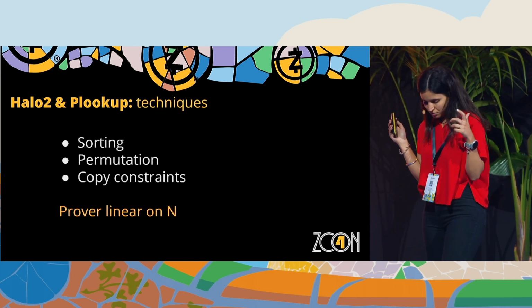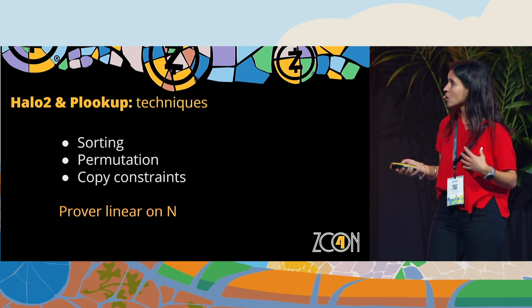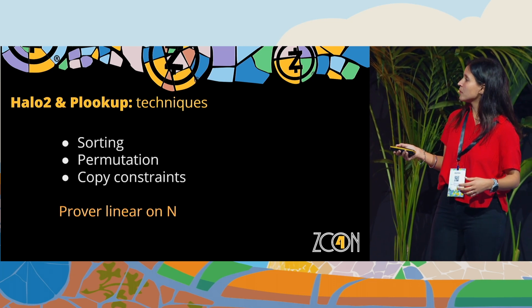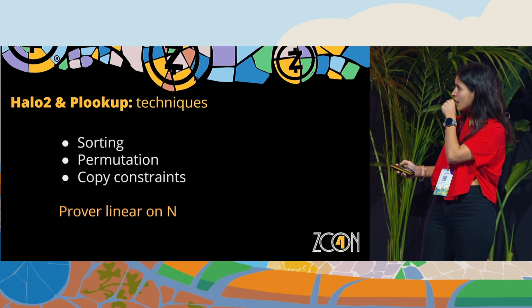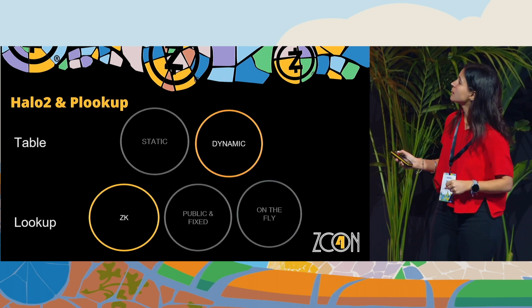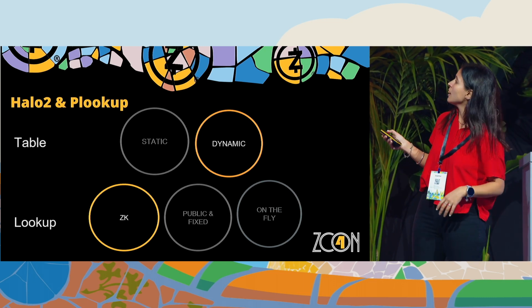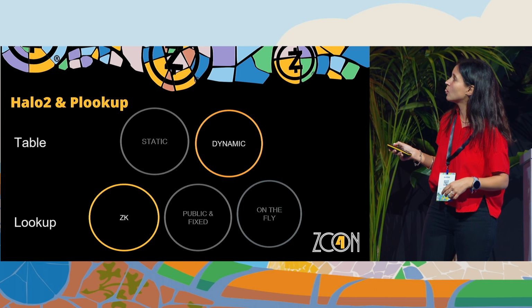And they apply a lot of techniques of sorting, permutation, copy constraints, and achieve a prover that is linear on the table. Still, I want to highlight that even though they were not constructed for this setting, in my classification of lookups, they are what I would call dynamic lookups.